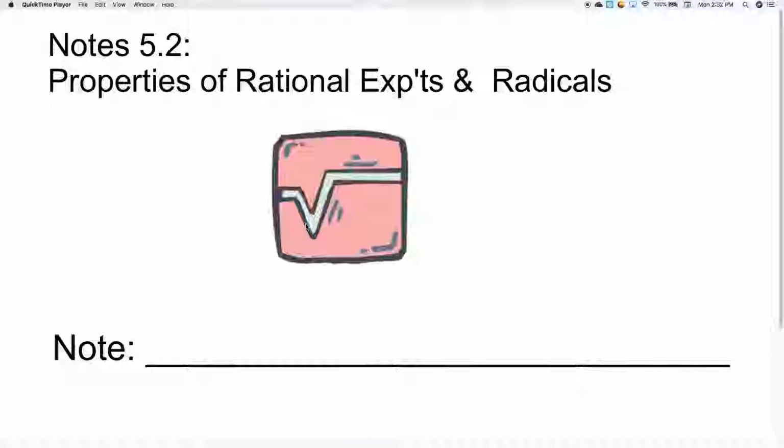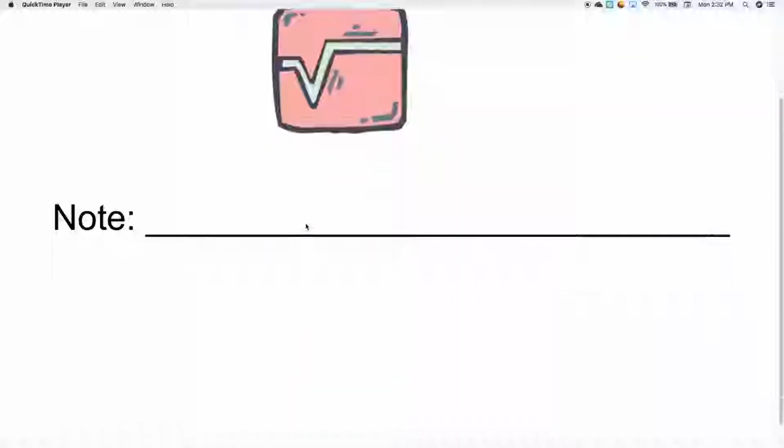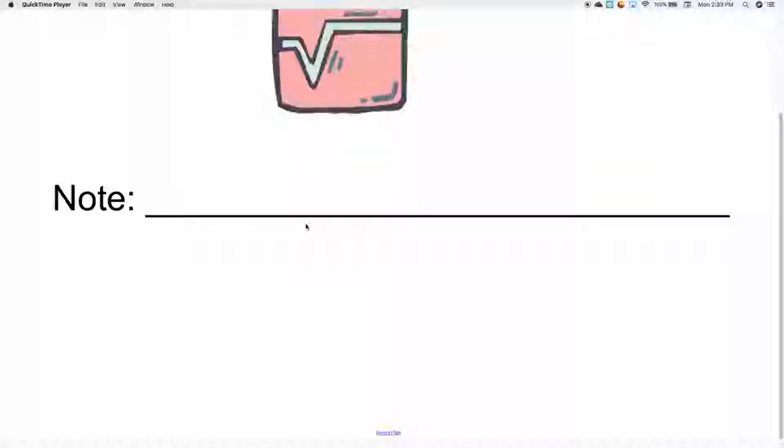On that note, at the top of your paper, I want you to write: all previous exponent properties apply.